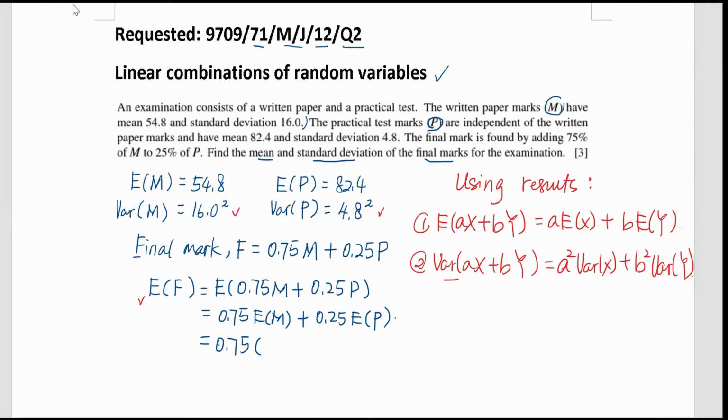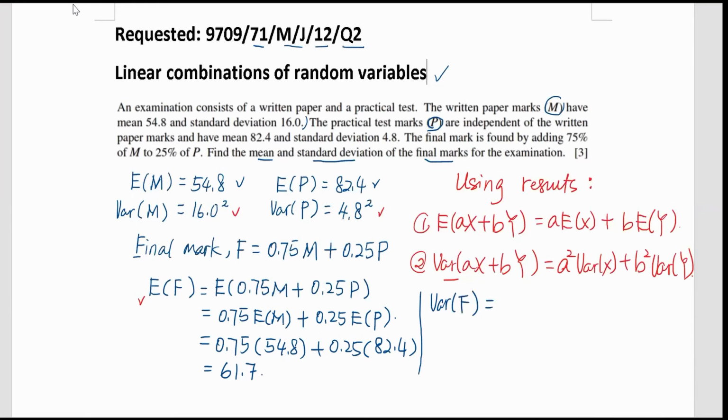E of M is given as 54.8. We multiply 0.25 with E of P, which is 82.4. Now we can carry out the calculations, and we find that the mean of the final mark is 61.7.